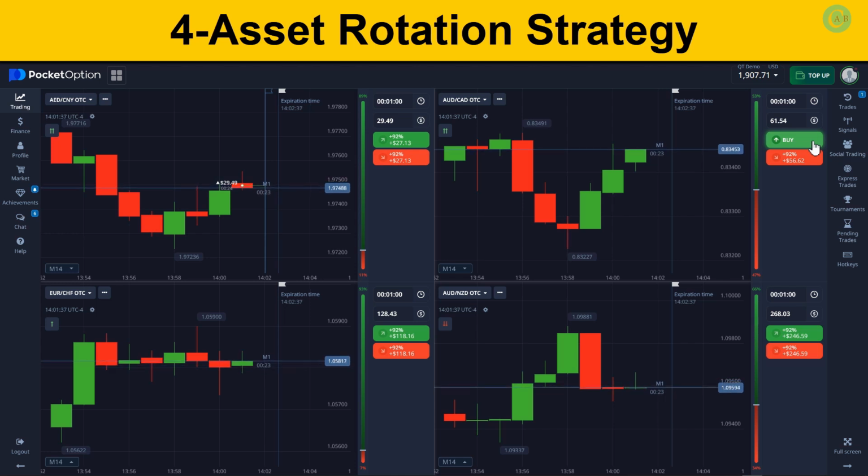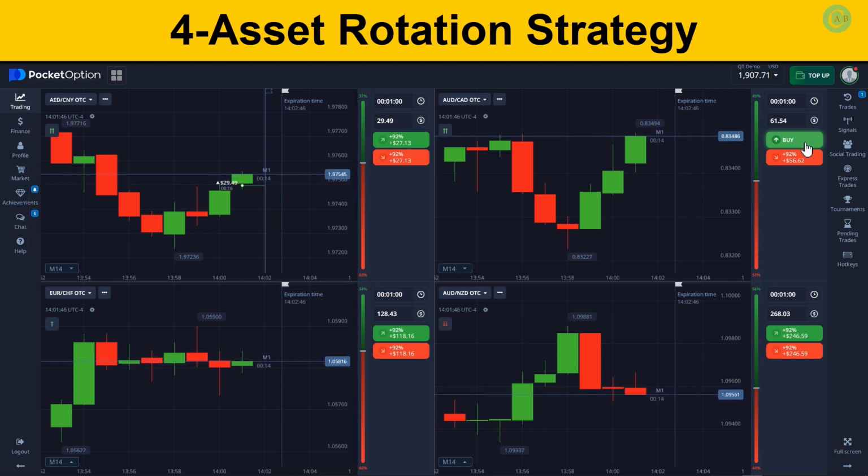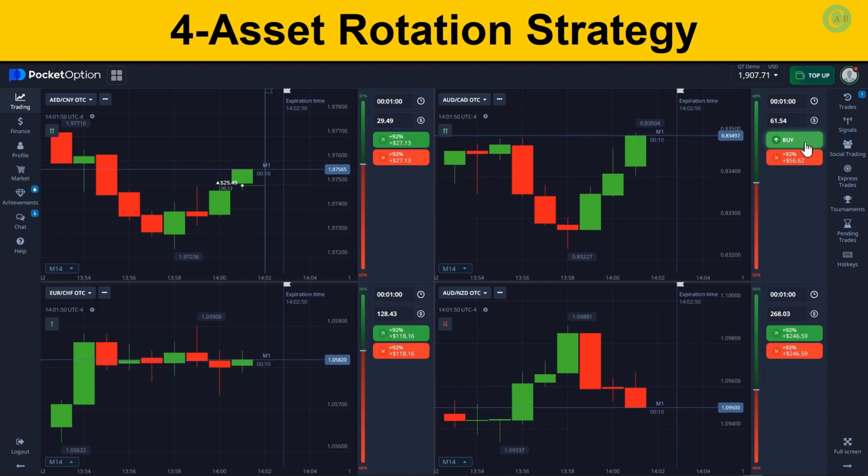About 20 seconds to the candle closing time. You remember I'm in the first chart with the first trade. Now if the current candle closes with the red color, I have to follow up with the second trade on the second chart with buy option.